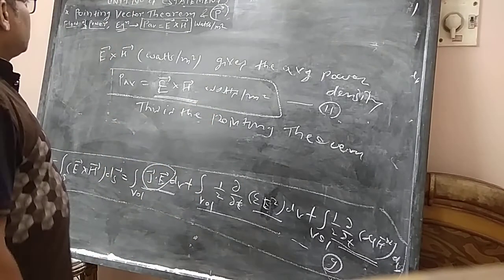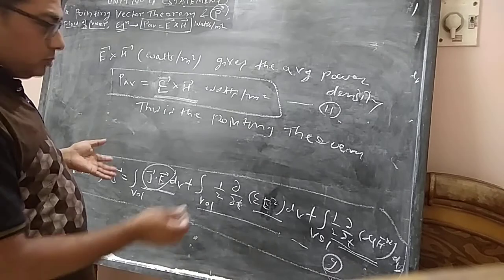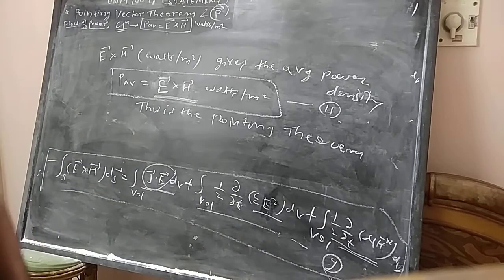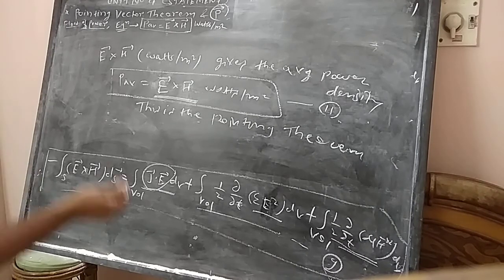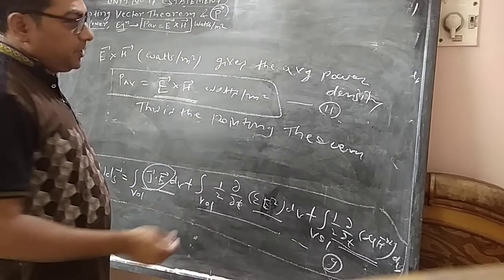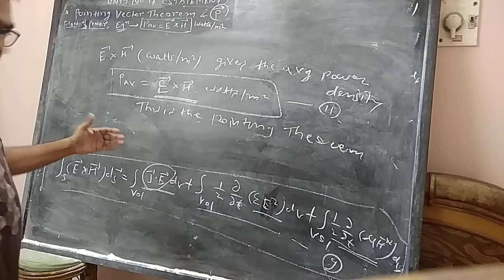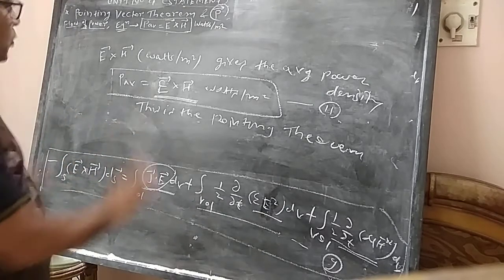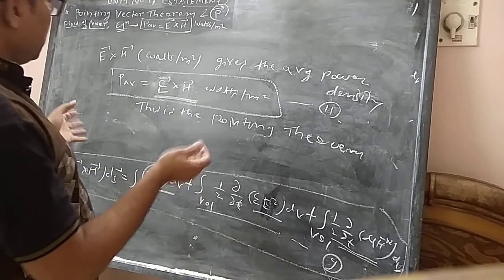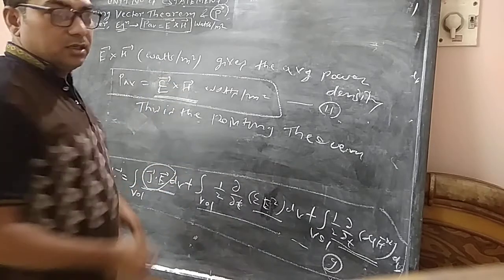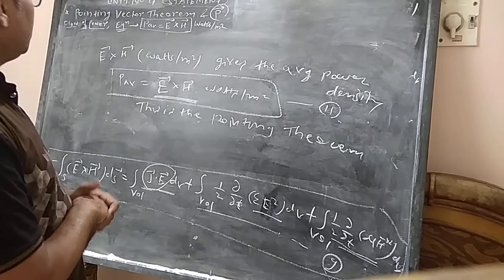In part 5, we took the concept of depth of penetration and the skin effect, what depth of penetration means and how to calculate its relation with the skin effect. And in the last part, today's part, we have completed the pointing vector theorem.